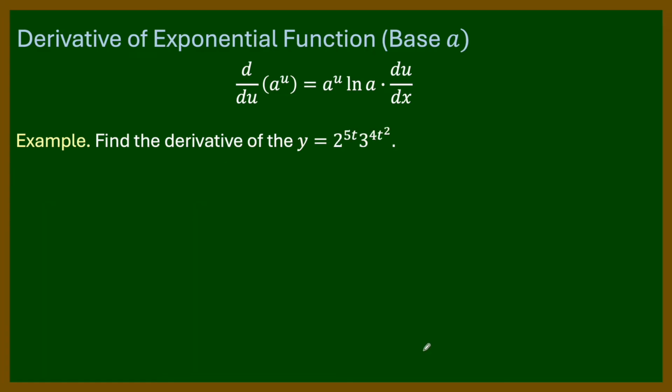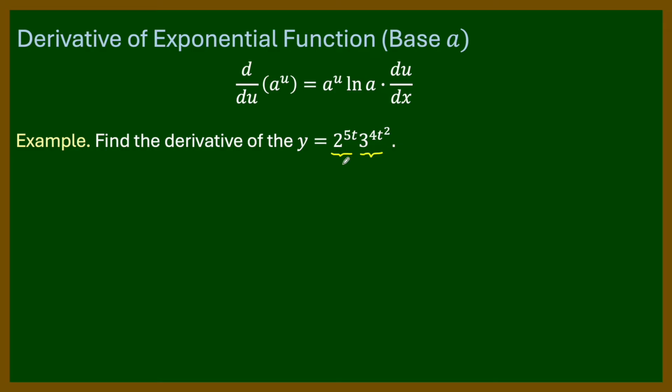Now, let's have the third example. We have the derivative of y equals 2 to the power of 5t times 3 to the power of 4t squared. For this function, we have two terms separated by a multiplication sign. The first term is 2 raised to 5t, and the second term is 3 raised to 4t squared.